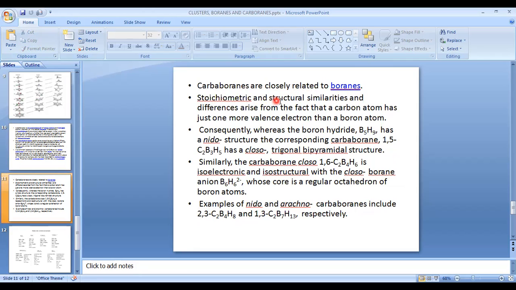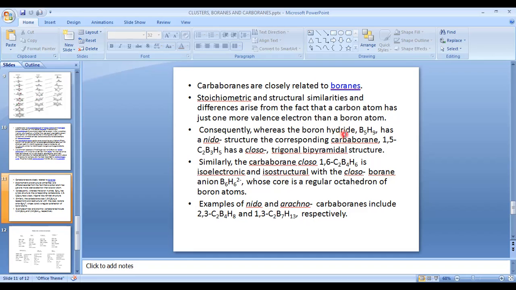The stoichiometric and structural similarities and differences arise from the fact that, yes, why are these a bit similar or different from the boranes? Because here we have carbon atoms, and the valency of that carbon atom is 4, one more than the valency of boron atom.